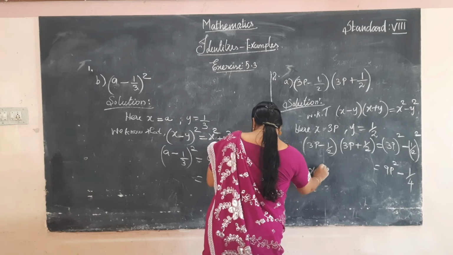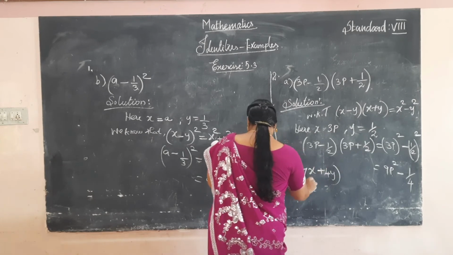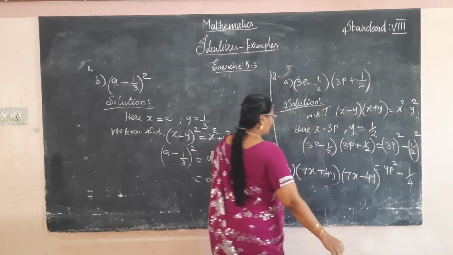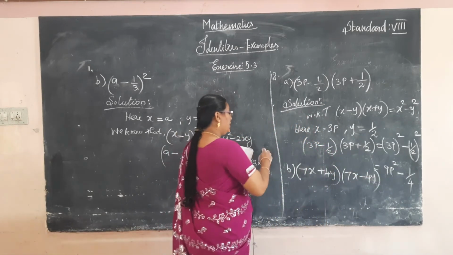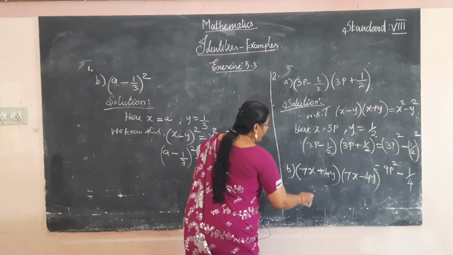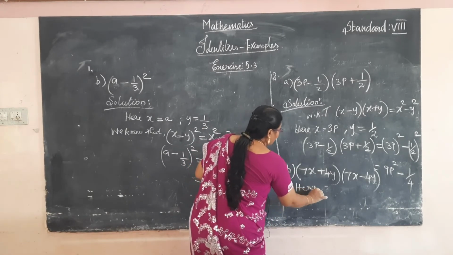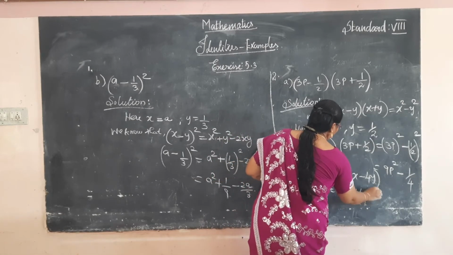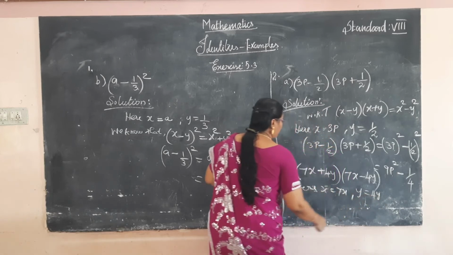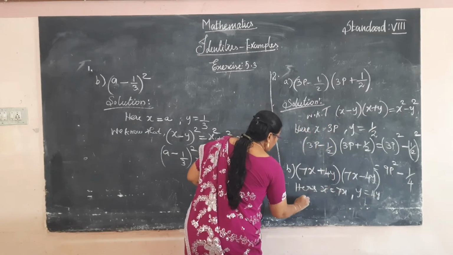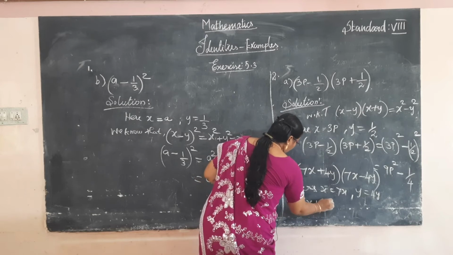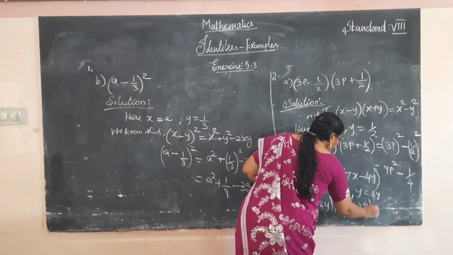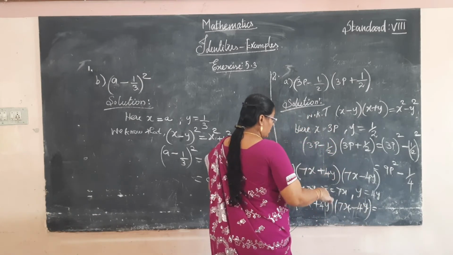7x plus 4y, 7x minus 4y. Okay, this is also the same identity. So I will write directly here. X value is 7x, y value is 4y. So the identity (7x + 4y)(7x - 4y) is equal to x square minus y square.